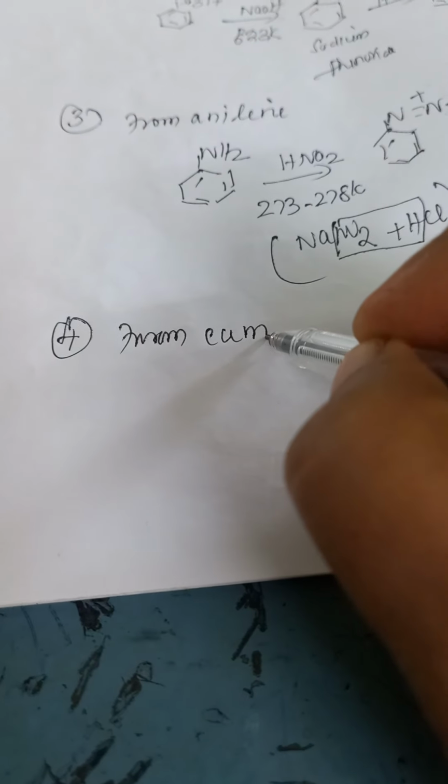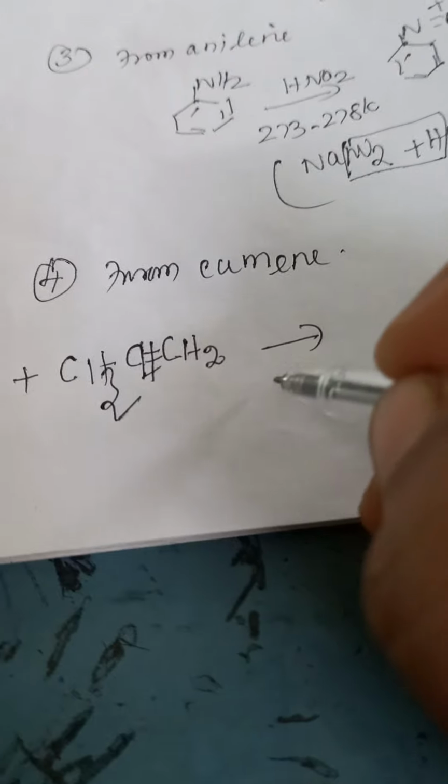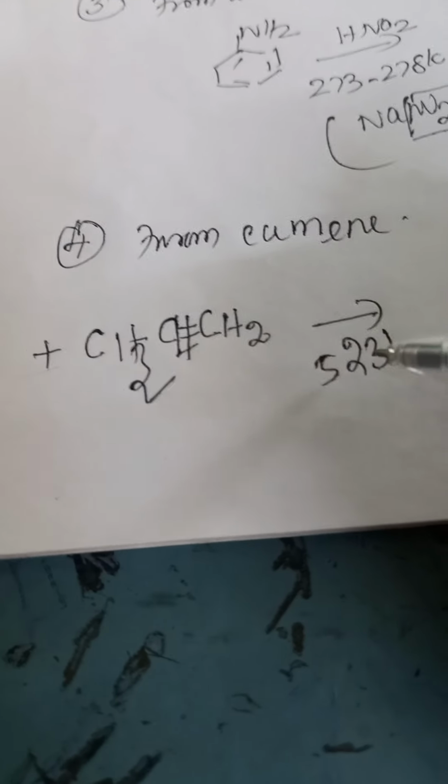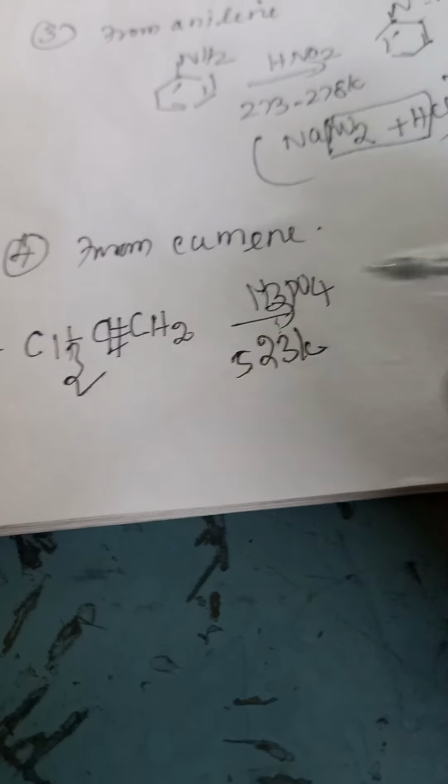Next, fourth preparation from cumene. Now, a mixture of benzene and propene. Propene means 3 carbon atoms, 1 double bond, 1 single bond. So balancing H2, here H, here H3 at 523 Kelvin in the presence of phosphoric acid as a catalyst, H3PO4.